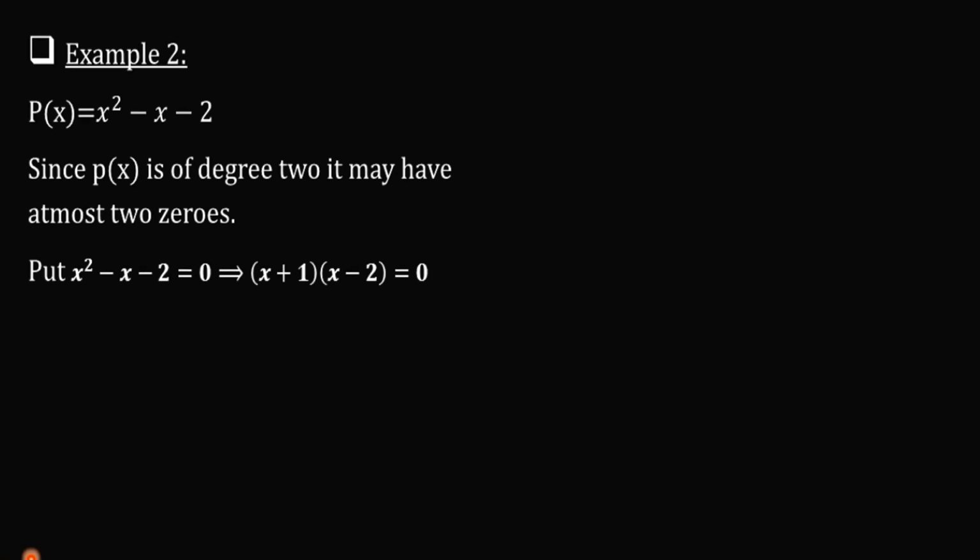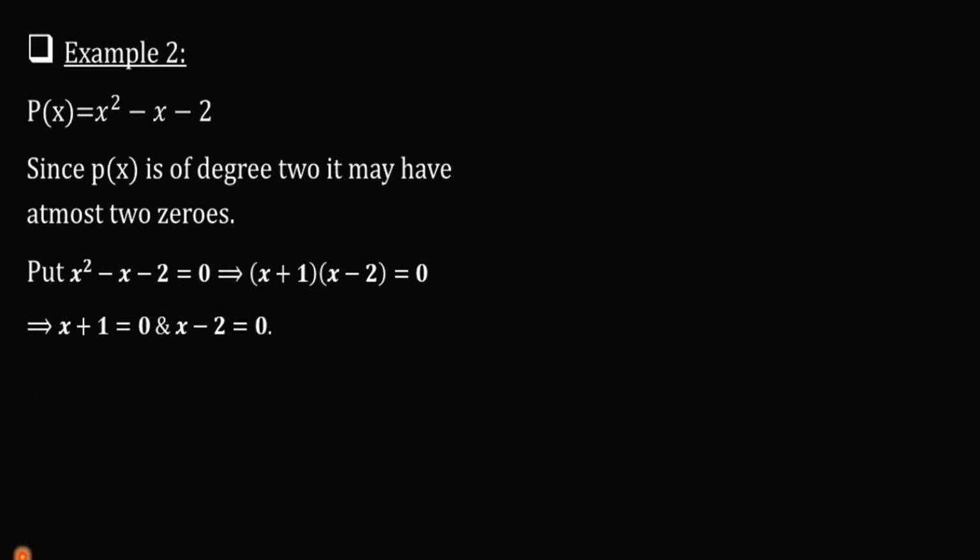Which implies x plus 1 equal to 0 and x minus 2 equal to 0. That is x equal to negative 1 and x equal to 2. So the zeros of the polynomial are x equal to negative 1 and x equal to 2.